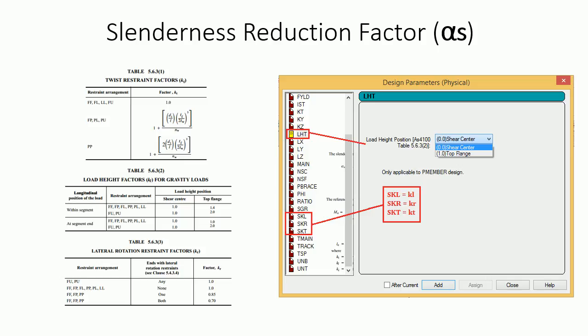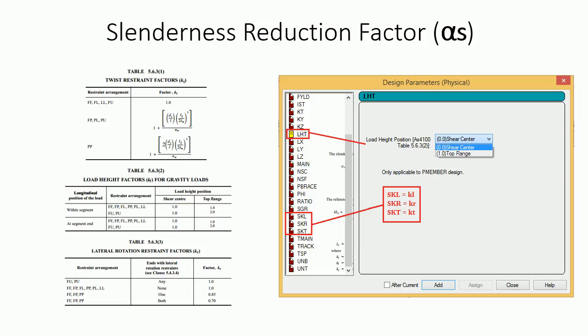And in addition to these factors, this LHT parameter is very important here because if you look into the second table, you can see the load height factor, that is KL, has to do with the position of the application of the load. By default, all the loads applied in Staad.pro are at the shear center, but if the load is imposed at any other place other than the shear center, for example the top flange, then you need to change or update this LHT value.